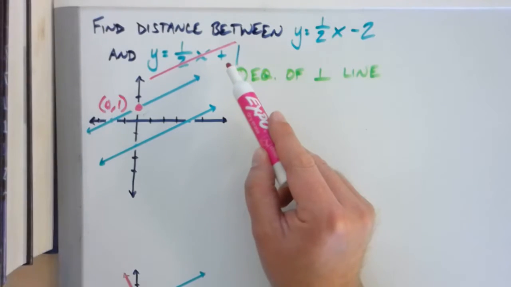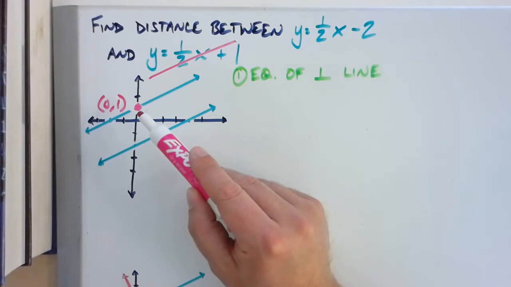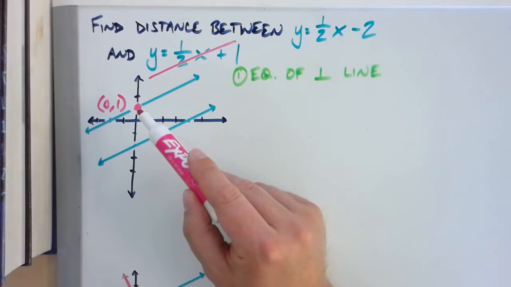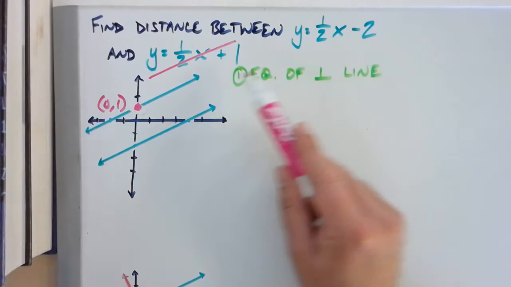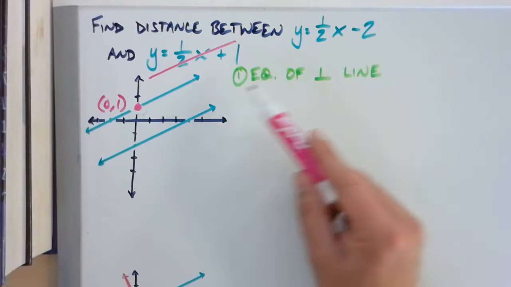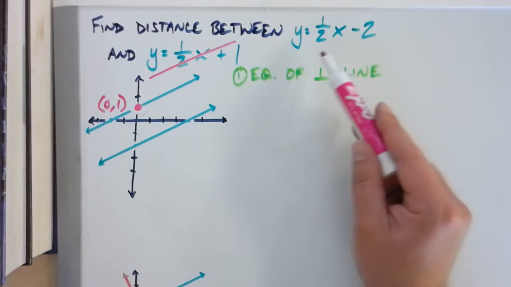It happens to be the y-intercept here by suggestion, but now I've taken this entire line and reduced it down to a single point. This is the other line that I'm going to compare that coordinate point (0, 1) to. These are the two things I'm going to find the distance between.